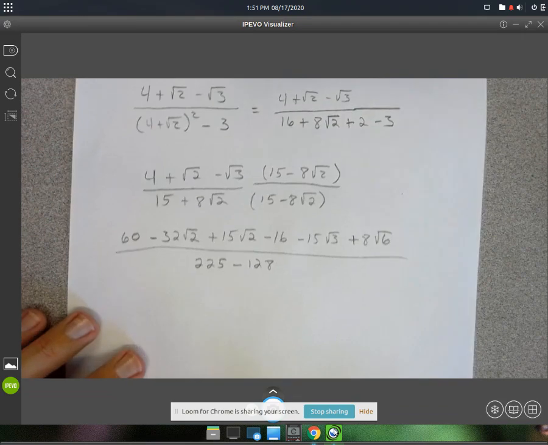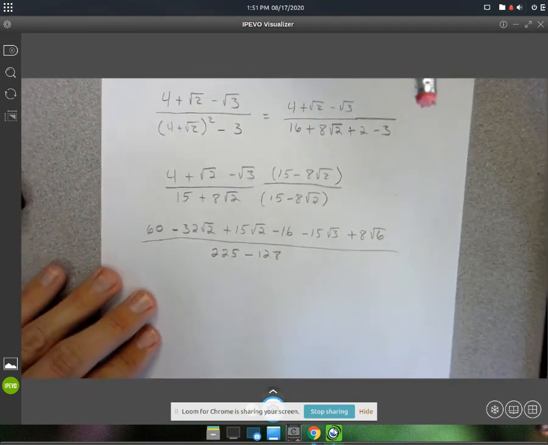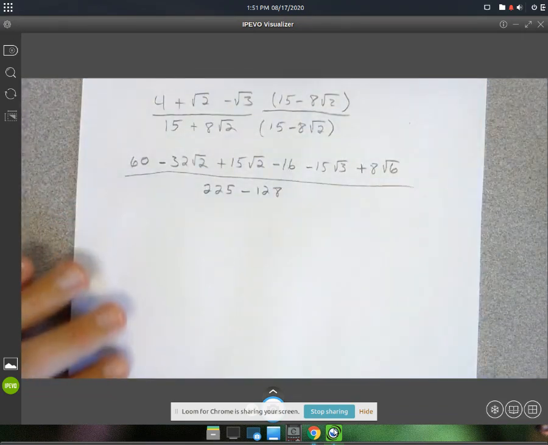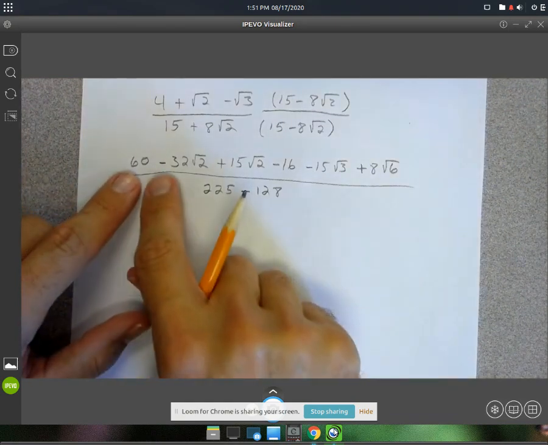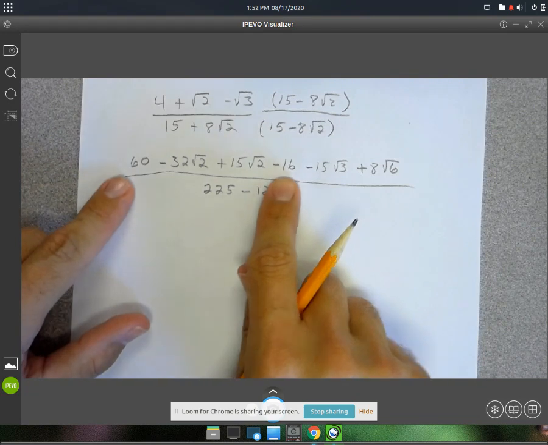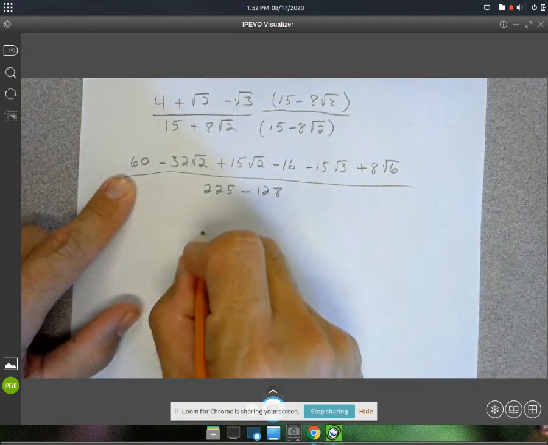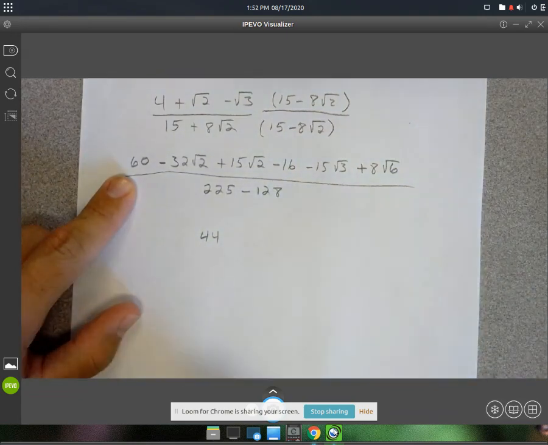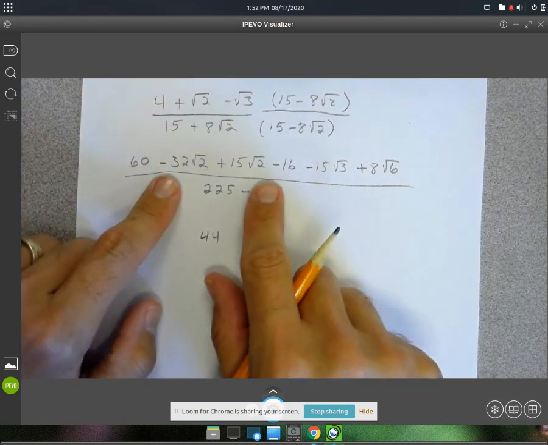Let's see if we can simplify this a little bit on top. Regular numbers, 60 and 16, that's going to give us 44. Now let's look at our root 2's.